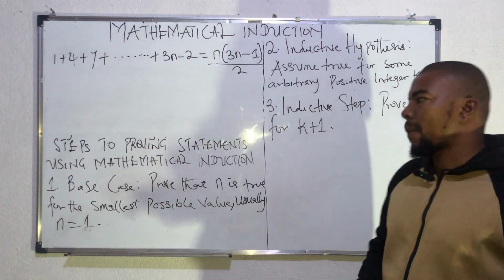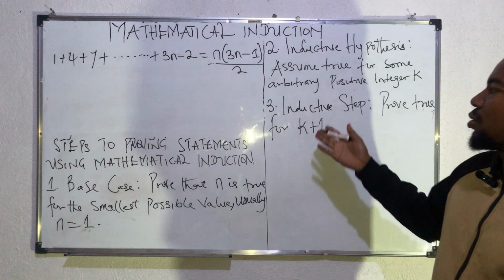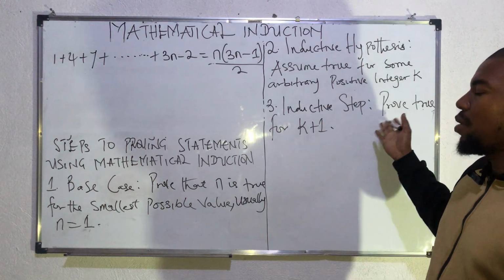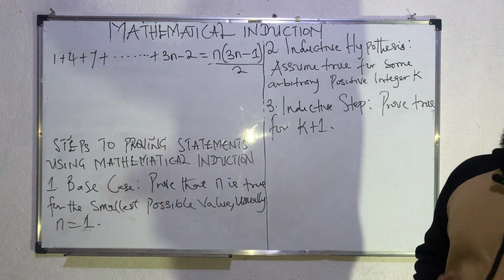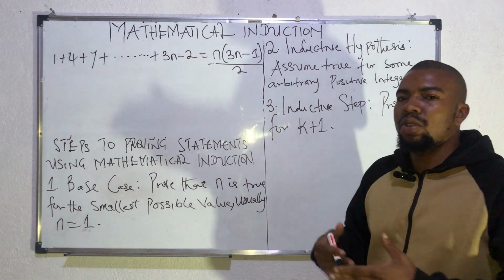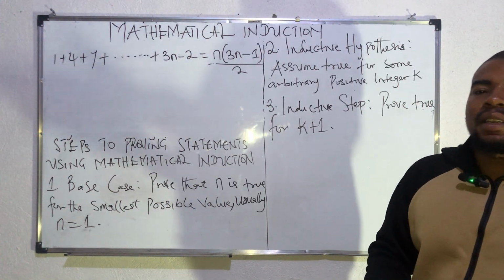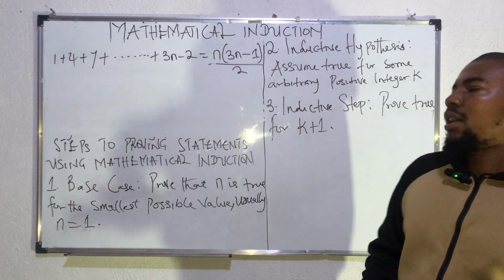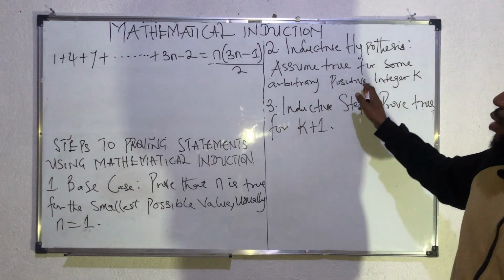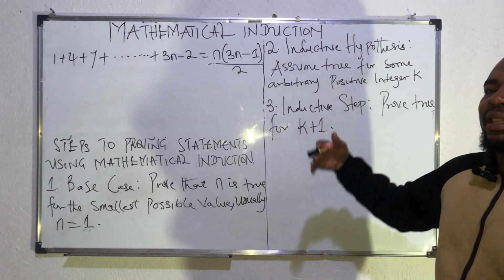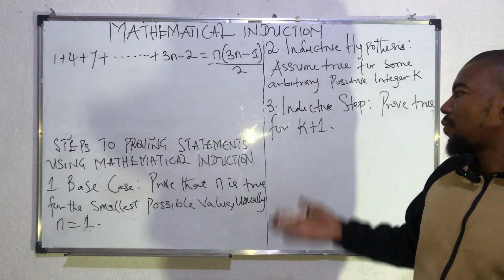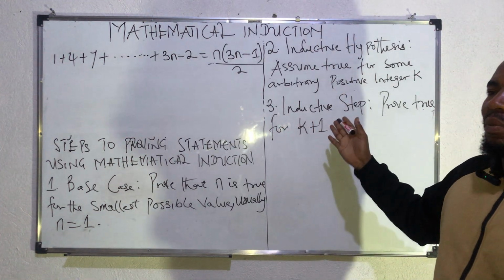The last step is called the inductive step, where we prove it is true for k plus 1. For this step, we're simply going to set n equal to k plus 1, which means that if it is actually true for n equal to k, then it should be true for n equal to k plus 1.